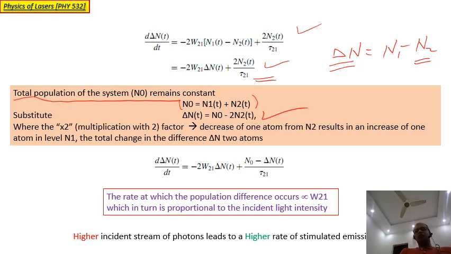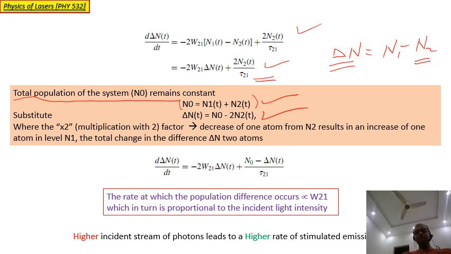So delta n, the difference, you know how to substitute the things here, put the value of n1. So here what we get is this one.